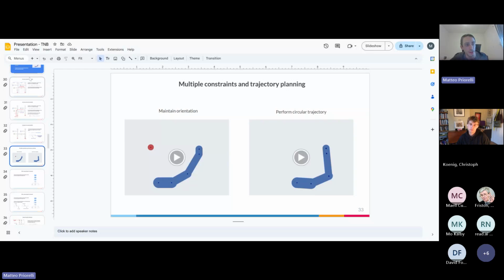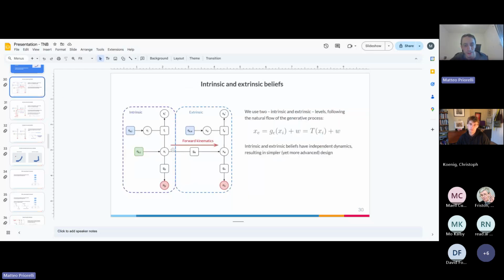So what we did is to divide these representations. We have the intrinsic hidden states encode the body joint angles, while the extrinsic hidden states encode the Cartesian positions of the hand, or the Cartesian positions of the targets.